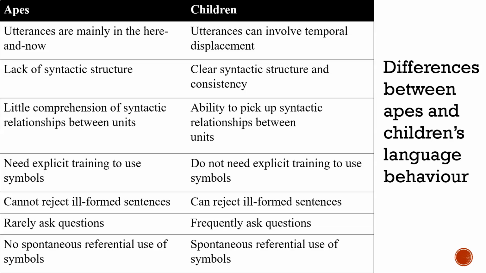Children can reject ill-formed sentences, and apes cannot. When Harley, from your textbook, said children can reject ill-formed sentences, it's as if children are grammar geniuses. No, when children reject it, it is not from the prescriptive grammatical perspective.